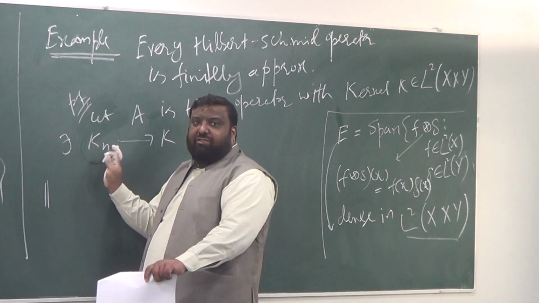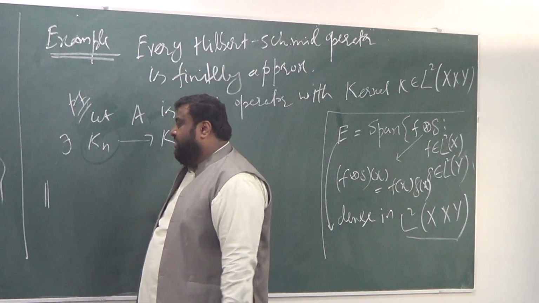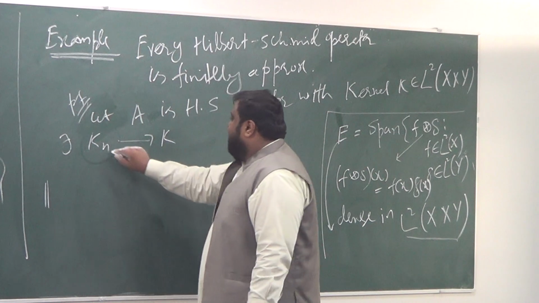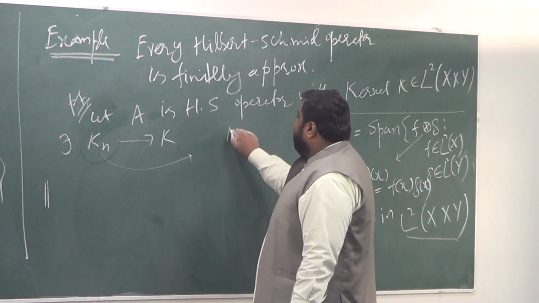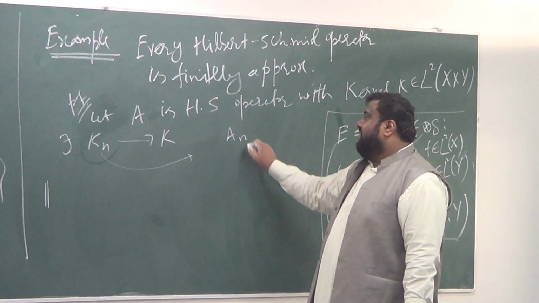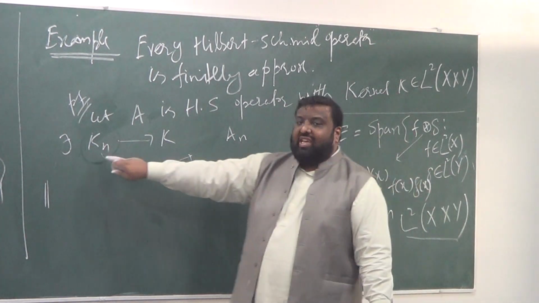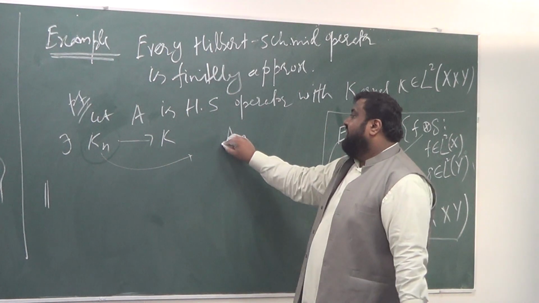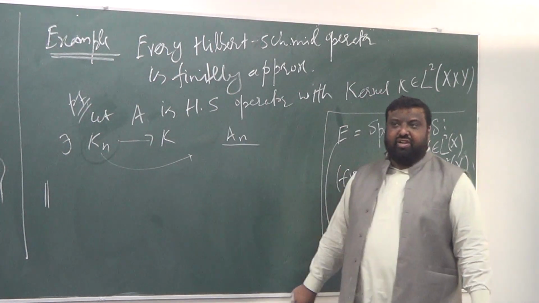Just giving a rough sketch. Read it yourself from the book. So imagine that these Kn allow you to define a sequence of operators An with the kernel Kn. What we can see is that these An are of finite dimension.